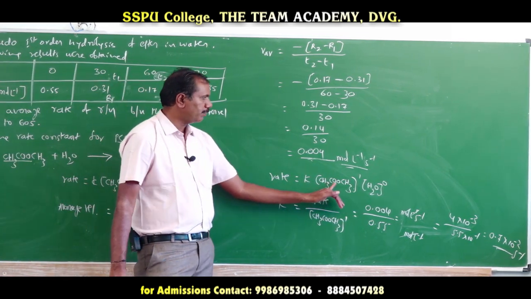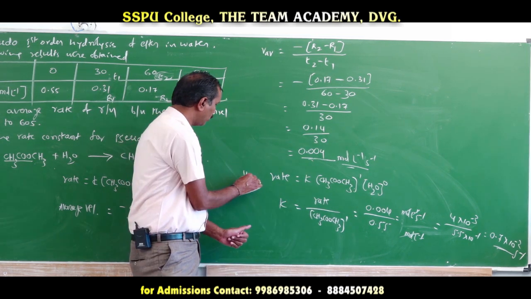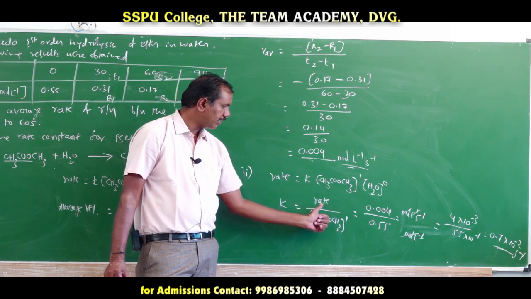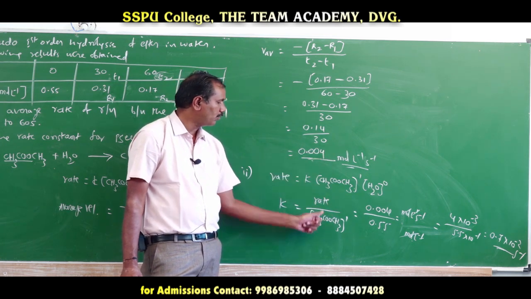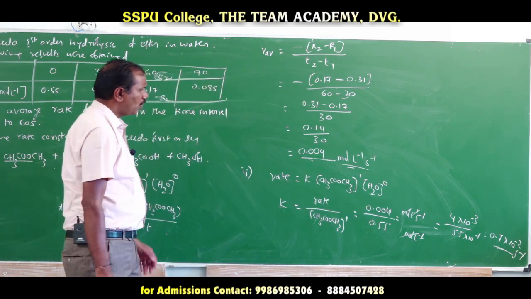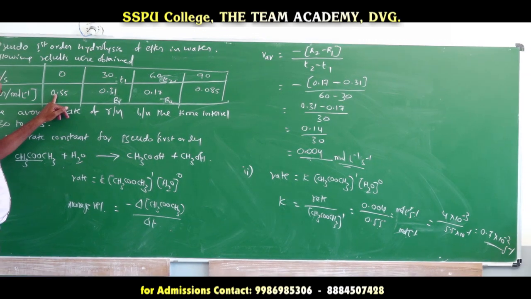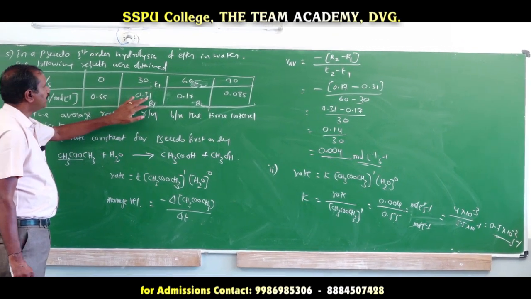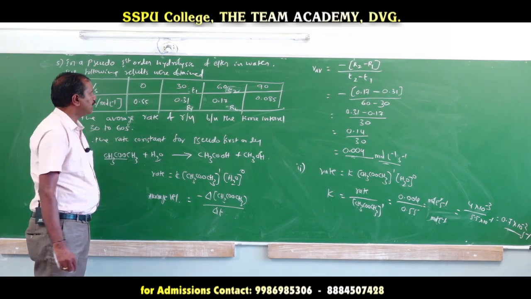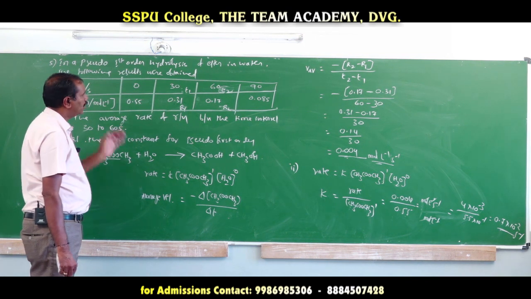Rate equals K into methyl acetate to the power 1, H2O to the power 1. This is the second question. K equals rate divided by methyl acetate. Rate we know is 0.004. Here we took the concentration at A as 0.5. If we take the concentration of 0.31 also, by that time finally we can get it. The K value remains the same, right?